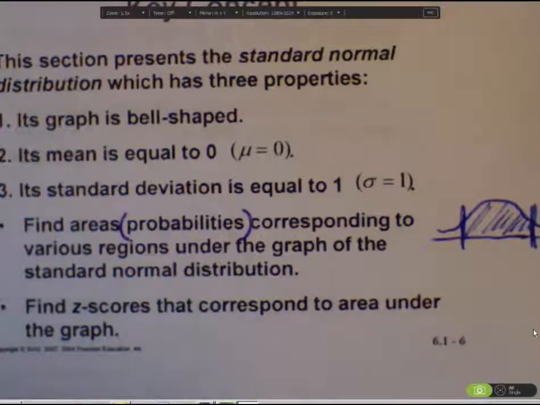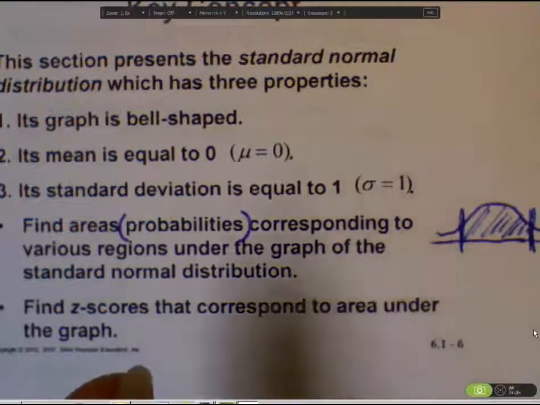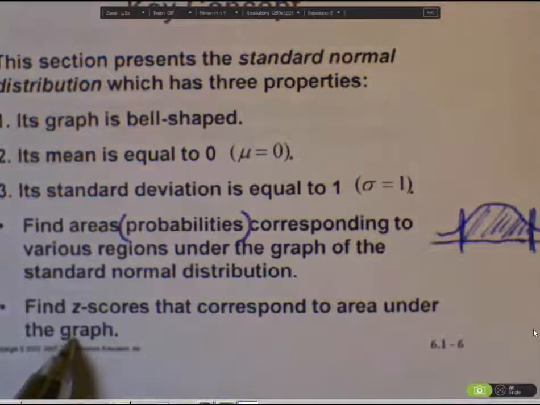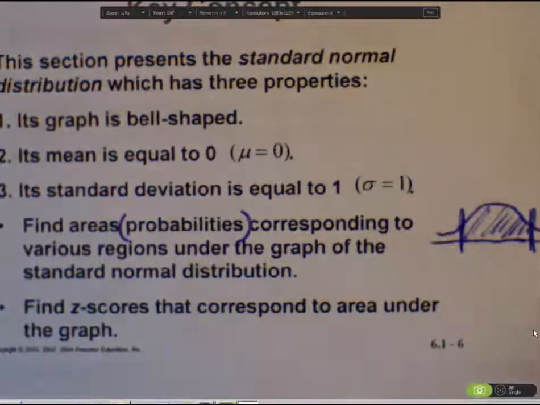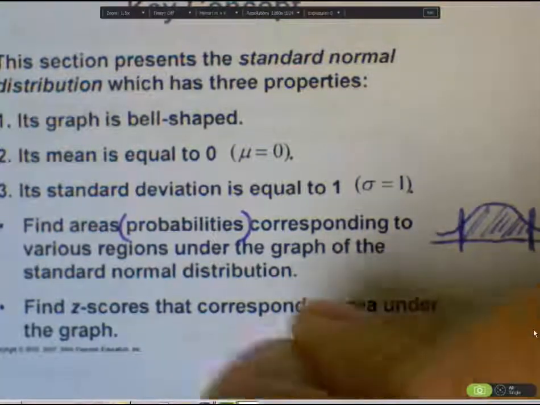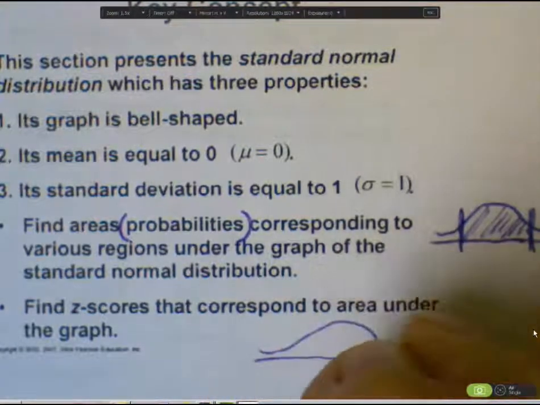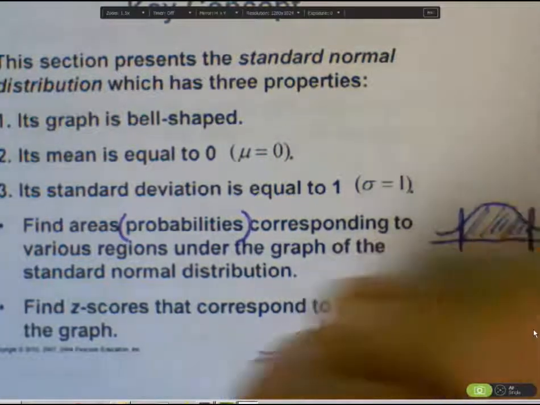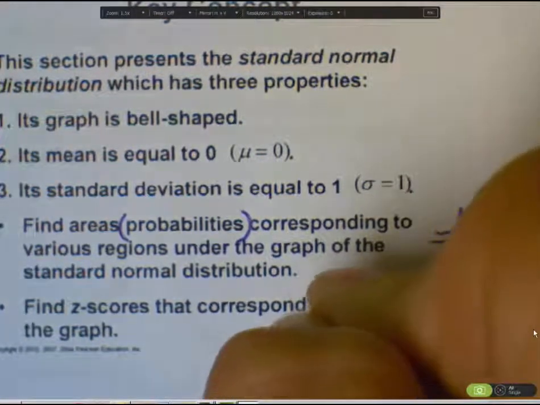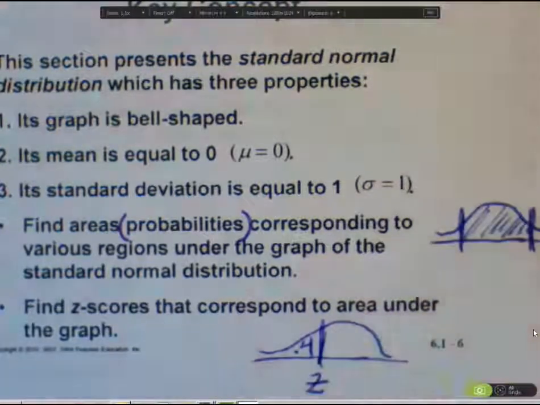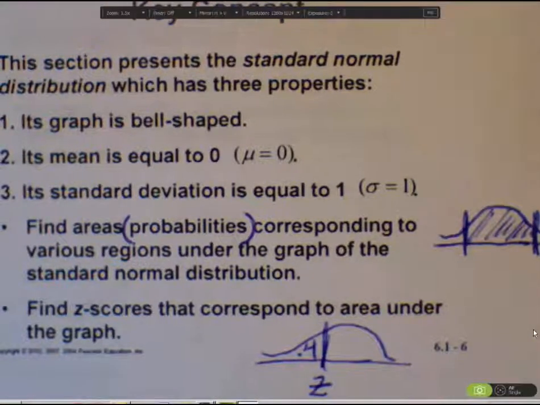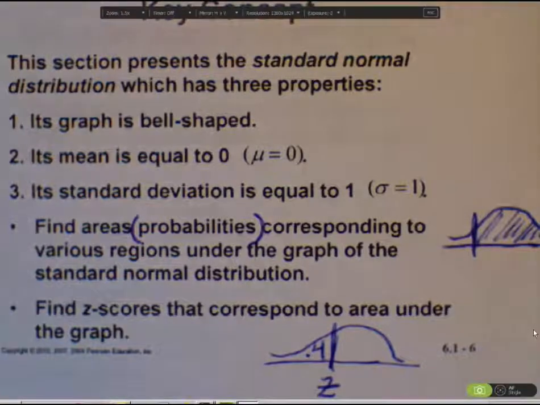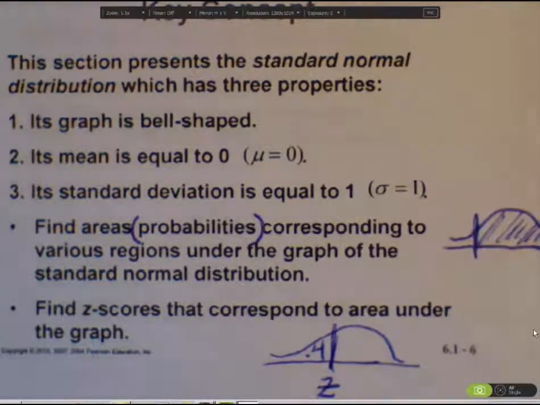The second thing we're going to do, if I give you the area, is I can ask you to find a z-score. For example, I can give you that the area to the left of this score is maybe 0.4 and ask you to find what that score is. And those are the only 2 things we're doing in all of chapter 6.